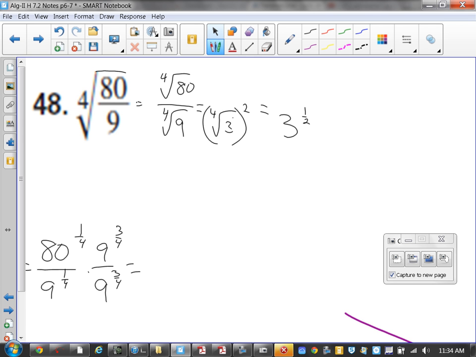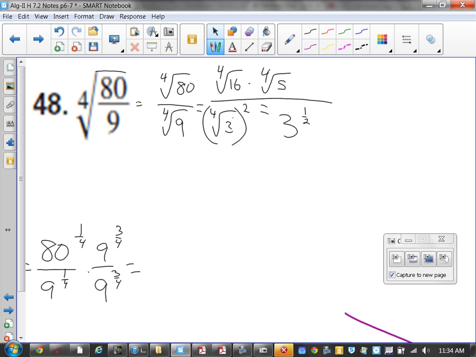So now, you were saying earlier that 16 goes into 80 how many times? 5 times, right? So that's the same thing up here, saying the 4th root of 16 times the 4th root of 5. You okay on that? All right. So now, what's the 4th root of 16? 2.